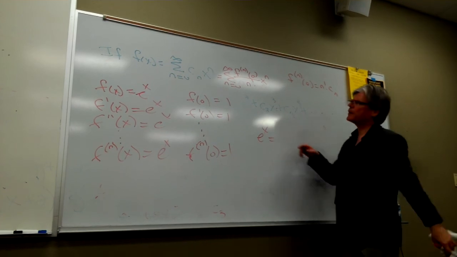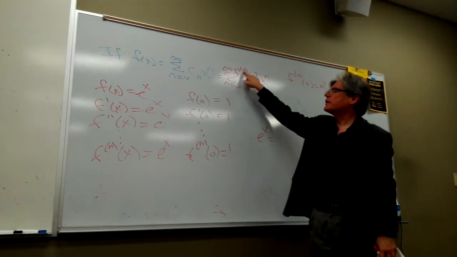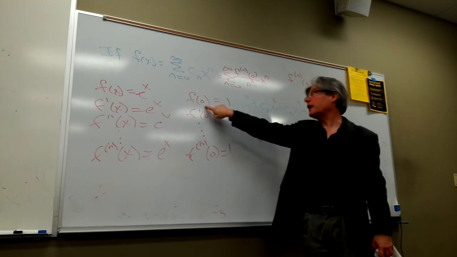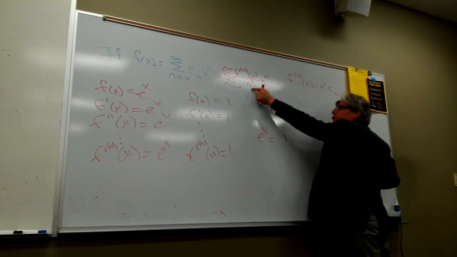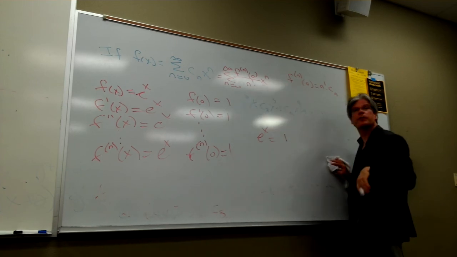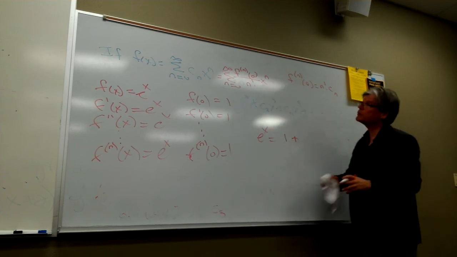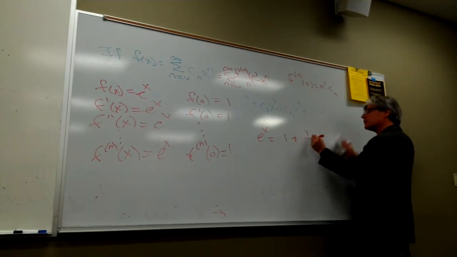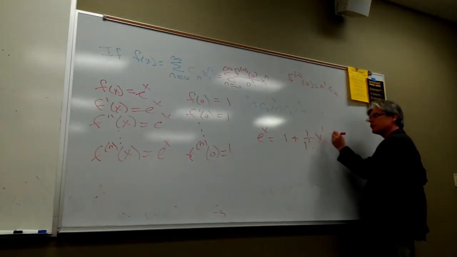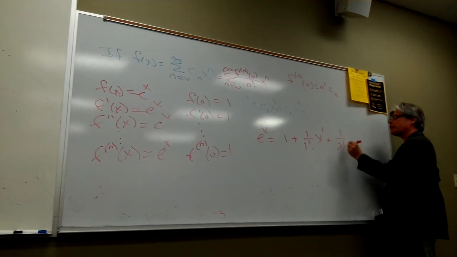If n is equal to 0, I get the 0th derivative, that's just the original function f of 0, which is simply positive 1, all over 0 factorial times x to the 0 power, there's my first term. My second term just has a numerator of the first derivative at 0, but that's just a 1 again. And that's going to give me 1 over 1 factorial times x to the first, plus 1 over 2 factorial x to the second.